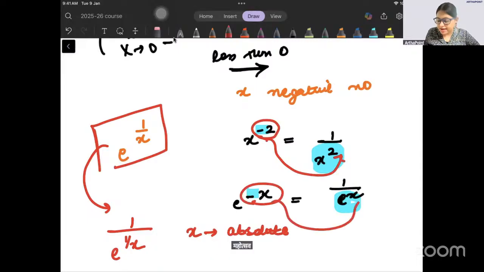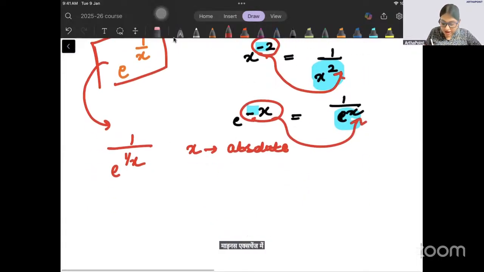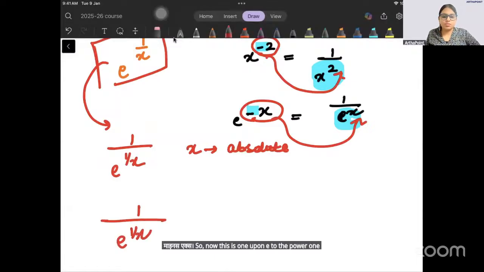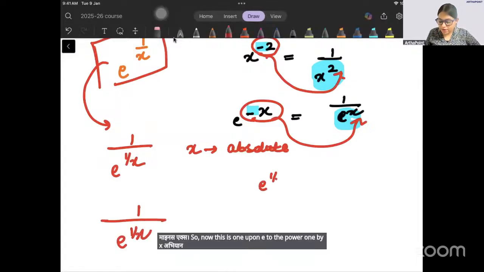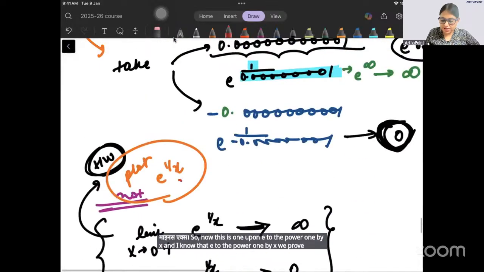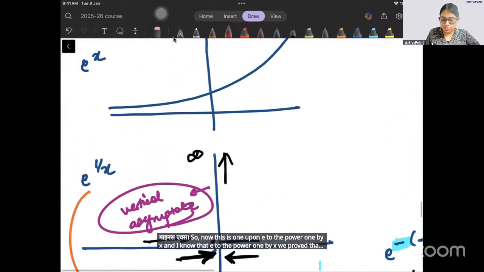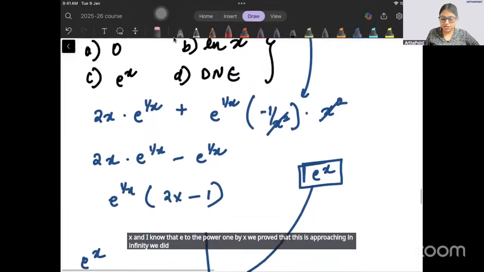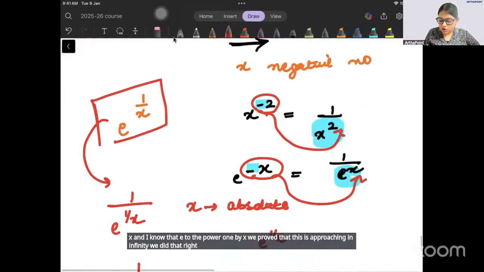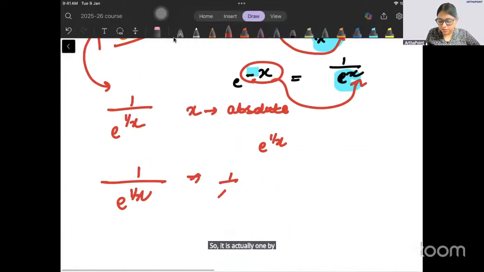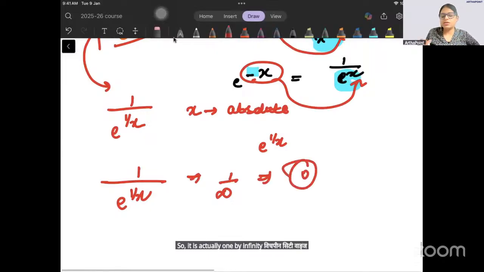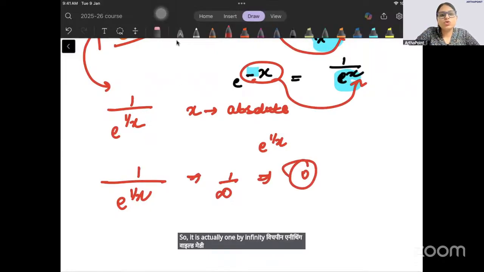Minus x became x. So now this is 1 upon e to the power 1 by x. And I know that e to the power 1 by x, we proved that this is approaching infinity. We did that, right? So it is actually 1 by infinity, which means anything by infinity is 0. So it goes towards 0.